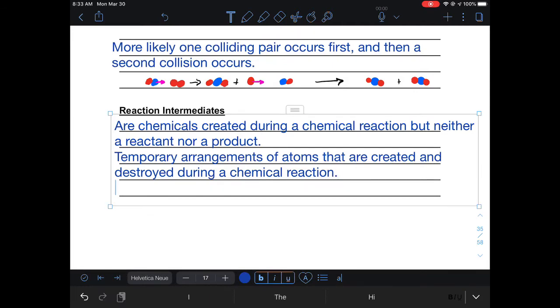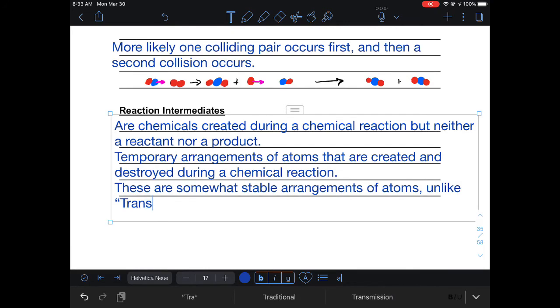These are somewhat stable arrangements of atoms, unlike transition states, which are defined by their instability.